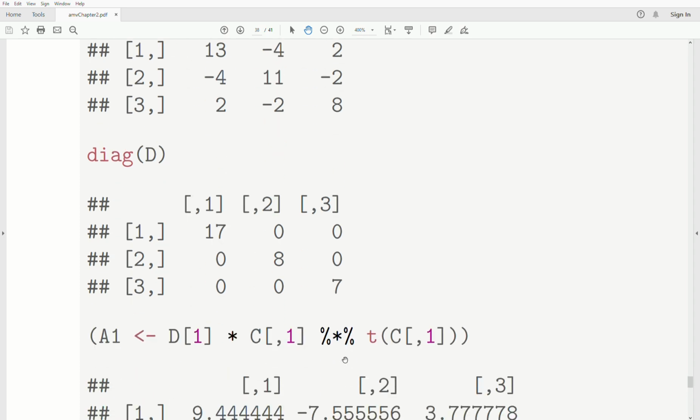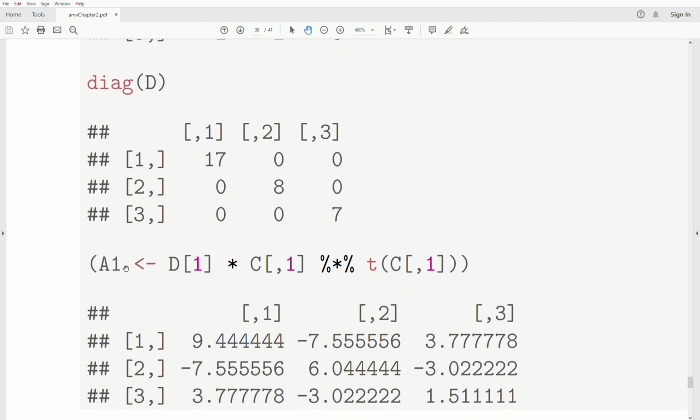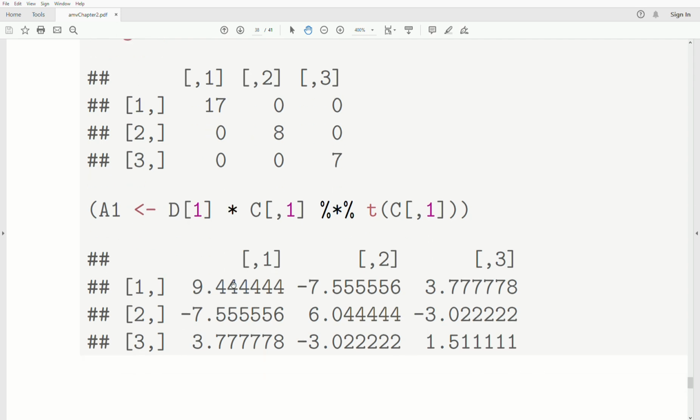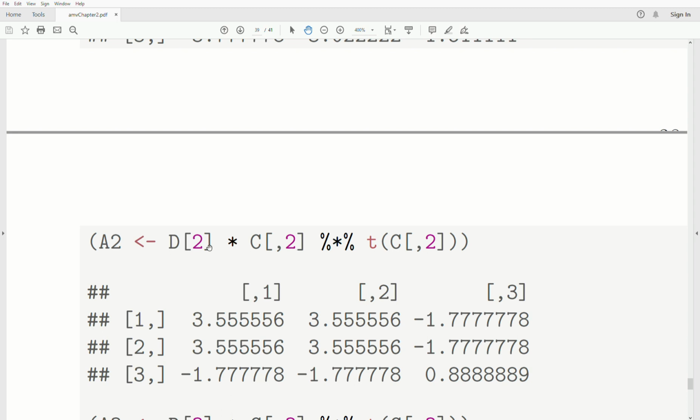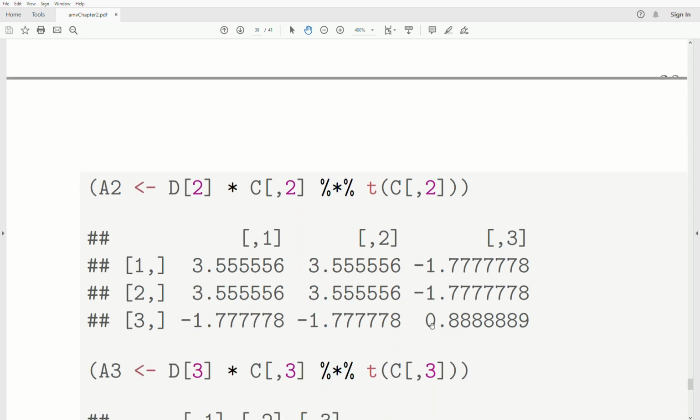Now let's look at the spectral decomp of it, the sum part of it. So here, A1, we're going to let A1 be the first eigenvalue times the first column times the transpose of the first column. And we get this 3 by 3 matrix. Then we do it for the second eigenvalue and the second column of C, and we get this matrix.